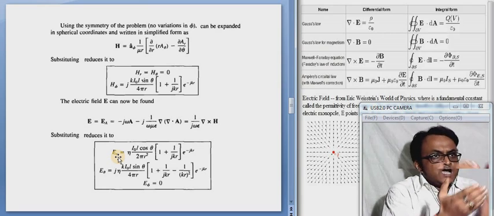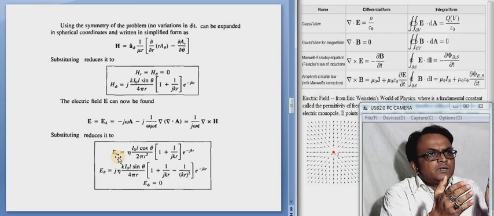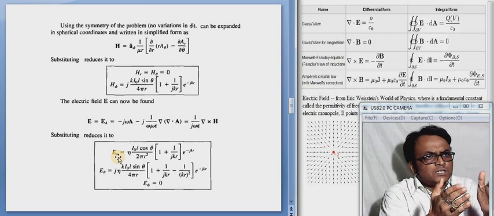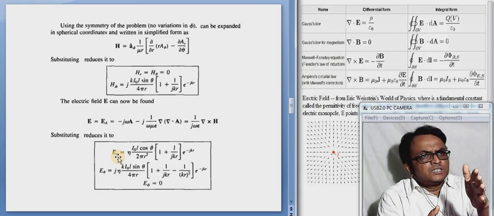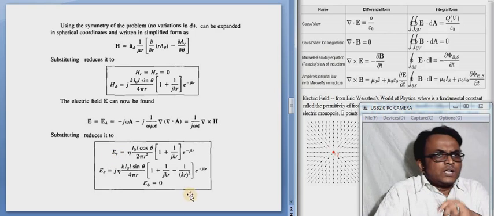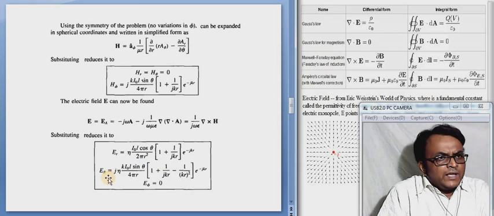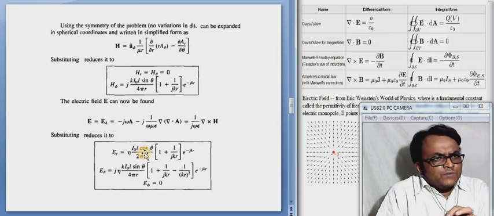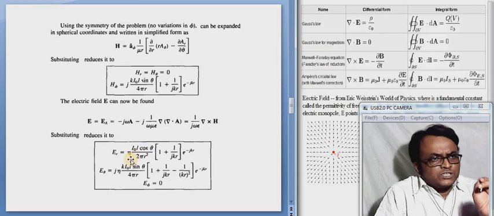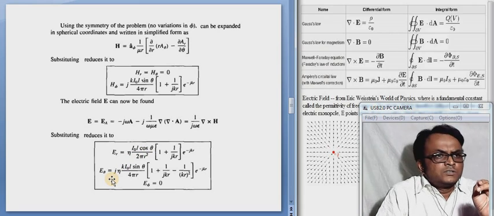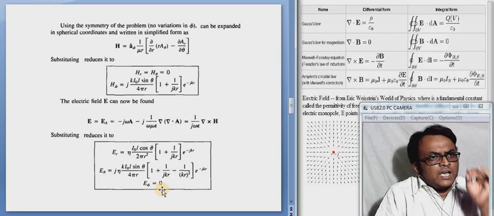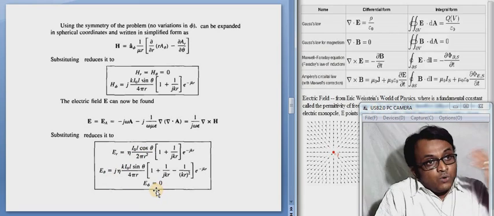Since the other two components of the magnetic field, HR and H theta, are 0, we find the ER and E theta components persist. So the electric field components persist in the radial and elevation components, whereas the azimuth component of the electric field will be 0.